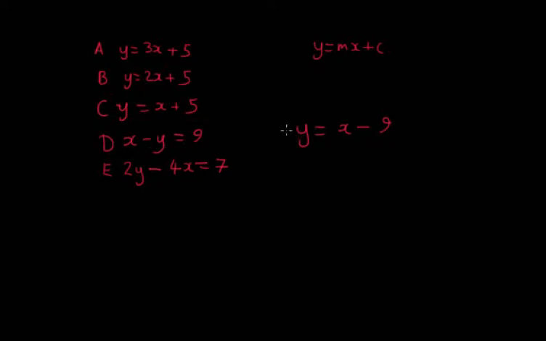So we've got the y as a positive and the other terms on the opposite side of the equation. Now we can see that D and C are parallel. So D and C are parallel.